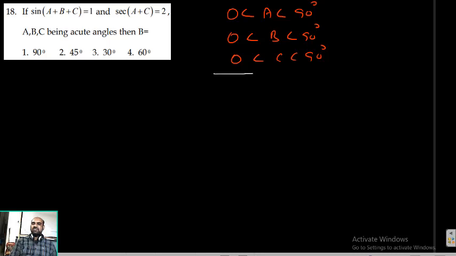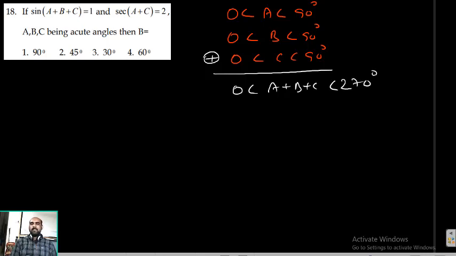We add all the three. What happened? 0 less than A plus B plus C less than 270 degree. A plus B plus C is either in first quadrant or second quadrant or third quadrant.